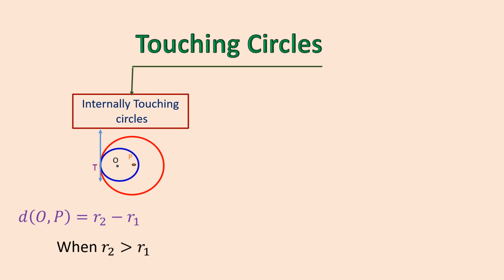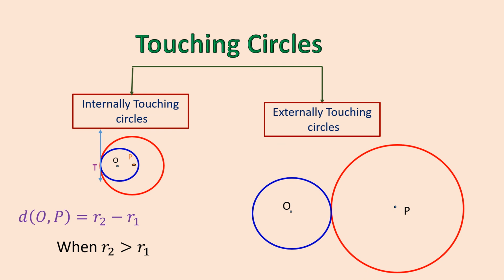And that is why I said that R2 should be bigger than R1. What happens when the circles touch externally? See here, what will happen here? Again common point, tangent. We will have the distance between OP as R1 plus R2, the sum of the radii.